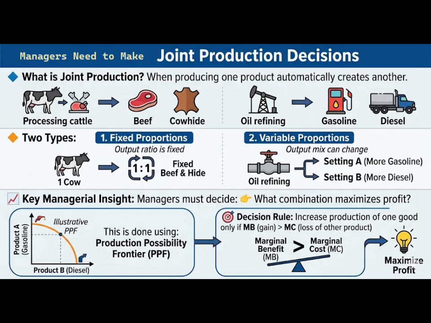Because output ratio is fixed. Second is variable proportions. In this case, output mix can change. For example, if you think about oil, more gasoline or more diesel in this case.